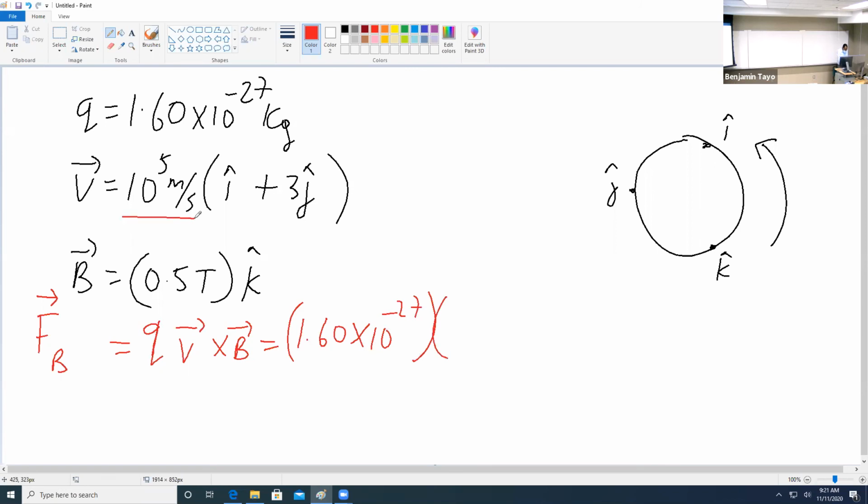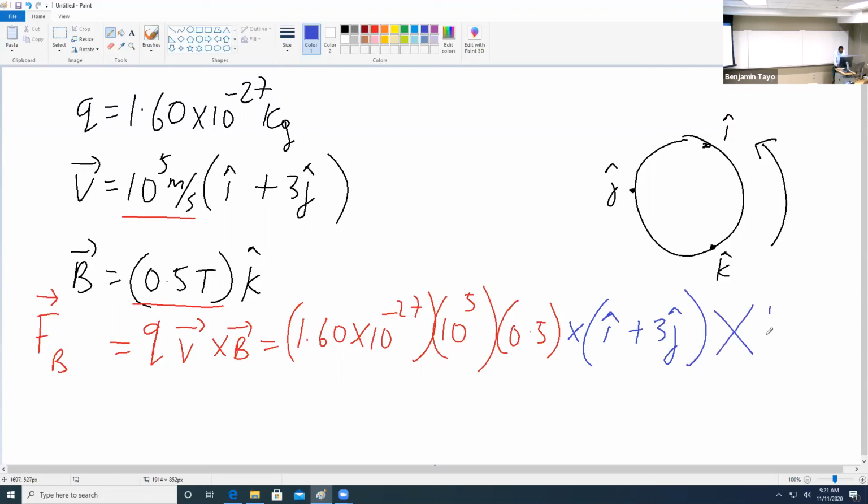Then let's factor out this times 10 to the power 5, and let's factor out this times 0.5. And then all of this is going to be multiplied by I hat plus 3J, and I want to cross this with K hat.